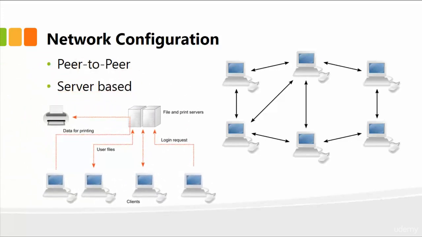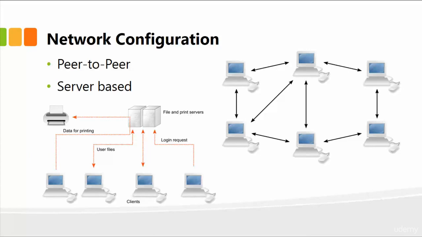Here, the architecture is a bit different. So now we have a bunch of computers, but all of these computers essentially communicate through a central repository or a hub, or let's call it a server. A computer that serves the requests.